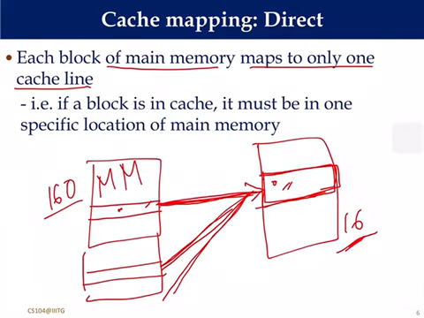Suppose you are given, in main memory, let's say, block 150. Then we take 150 mod 16, and whatever the number is, that will be the cache line for this particular 150.